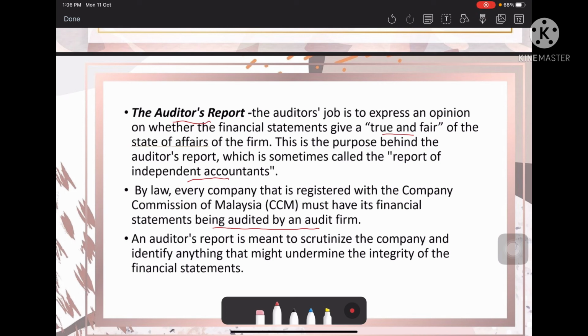So an auditor's report is meant to scrutinize the company and identify anything that might undermine the integrity of the financial statement. So itulah pentingnya the financial statement must be audited.